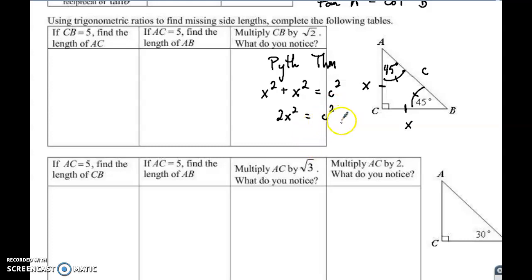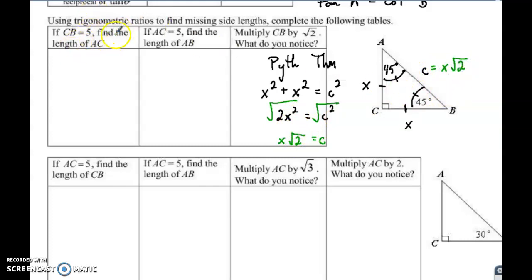And then from there you could say, well, what does c equal? Well, let's square root both sides. So c must be equal to, well, I don't know the square root of 2, but I do know that the square root of x squared is just x. So this side length is always x root 2.